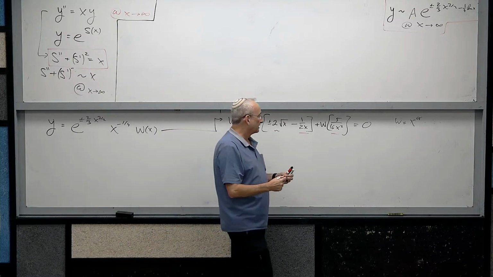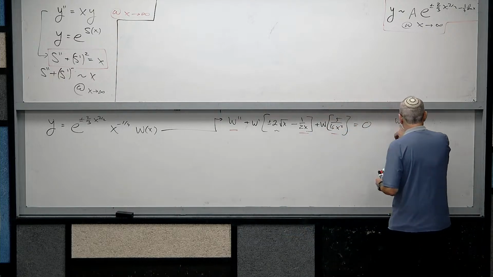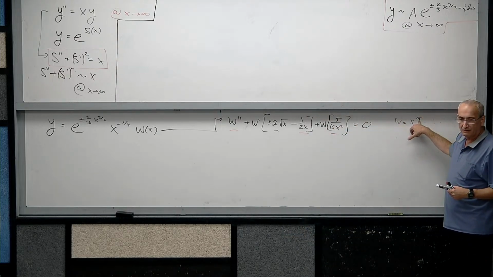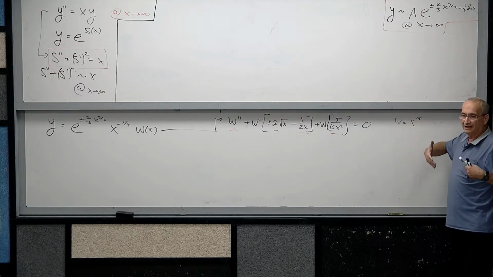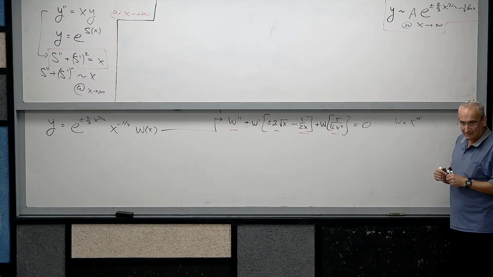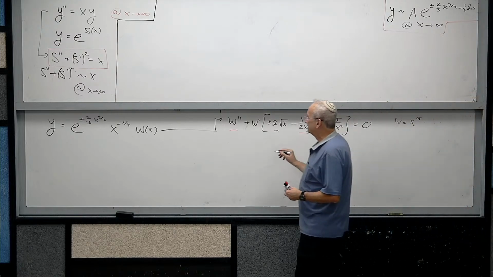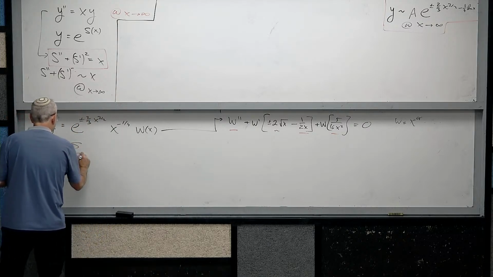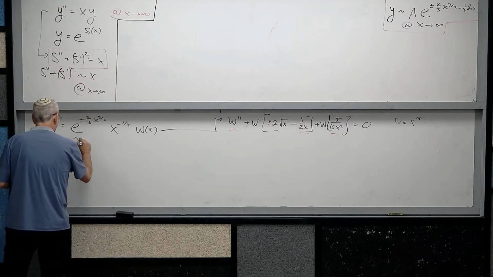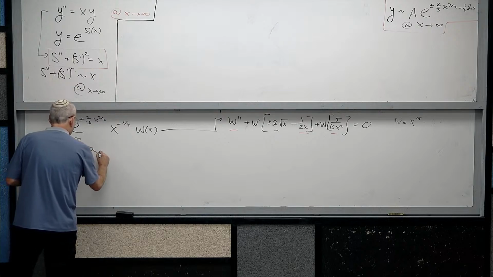So what I'm doing now is I know that if it was equidimensional, it would be x to the alpha, right? So now I will expand it in a power series, but not in a power series in x to the n. So I will assume that w is the sum from n equals 0 to infinity of a n x to the alpha n.